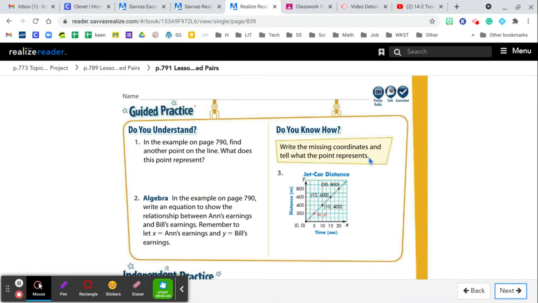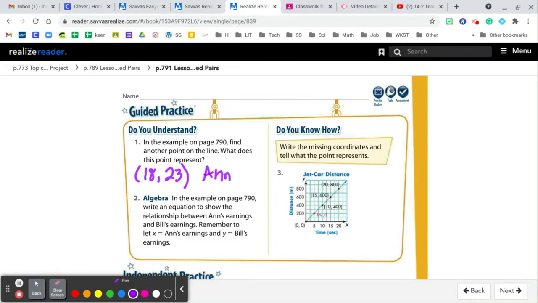Now when we get to doing some work on our own, in the example on page 790, find another point on the line. What does the point represent? So you can find any other point on the line you want, like 18, 23. That would say Ann's earnings are 18 and Bill's is 23.